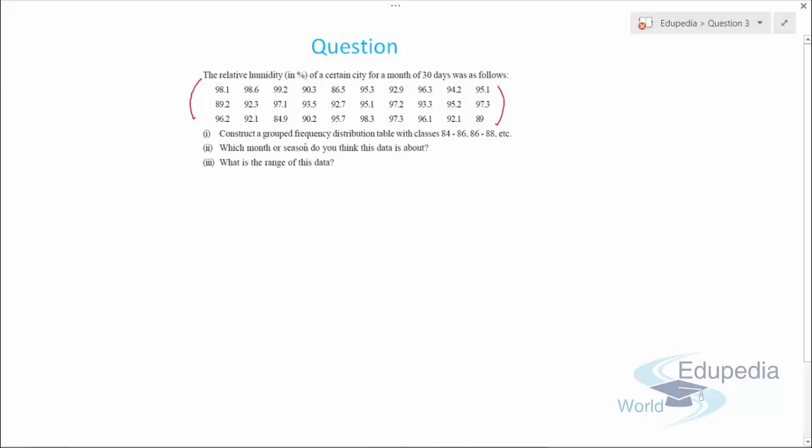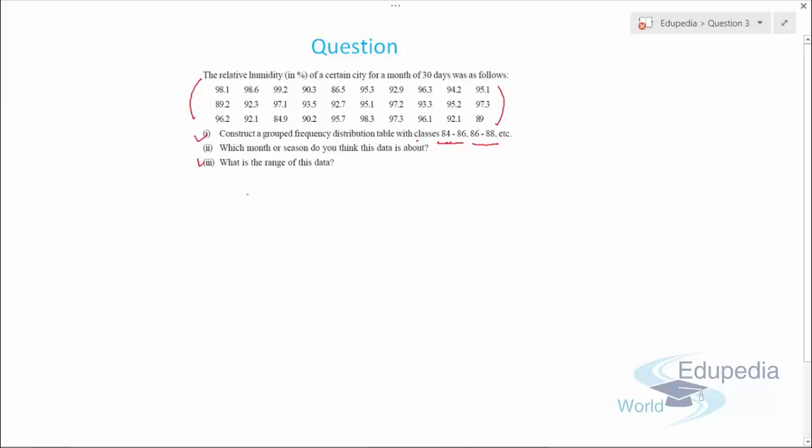We need to draw a grouped frequency distribution table with class size 84 to 86, 86 to 88, and this was the first part. Second part is, which month or season do you think this data is about? We need to infer, like, is it a monsoon season or what kind of a season is it? And we need to find the range of the data. So this is how these types of questions will generally come in the examination. So you have to watch this part of the video very carefully, right?